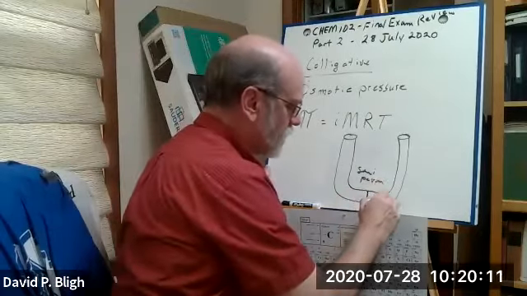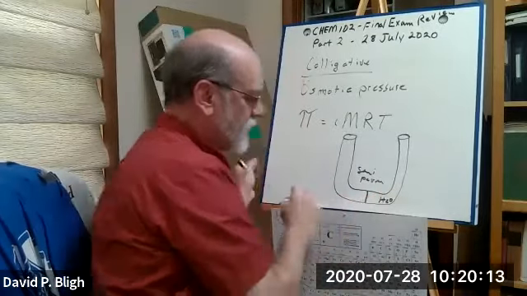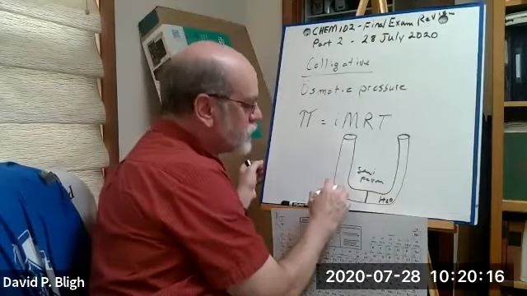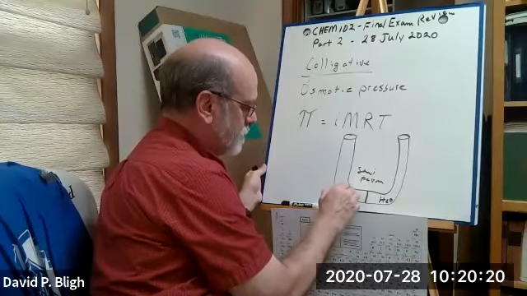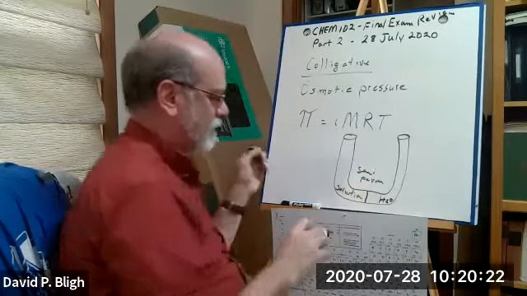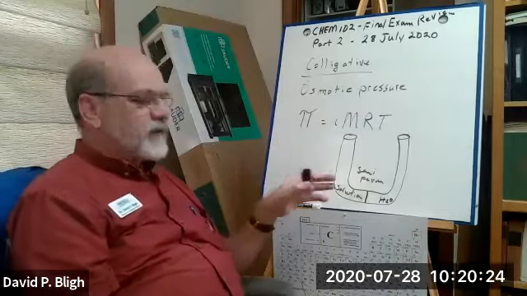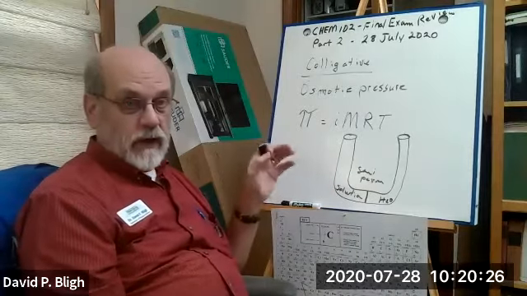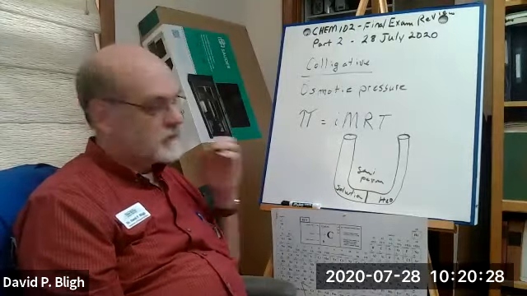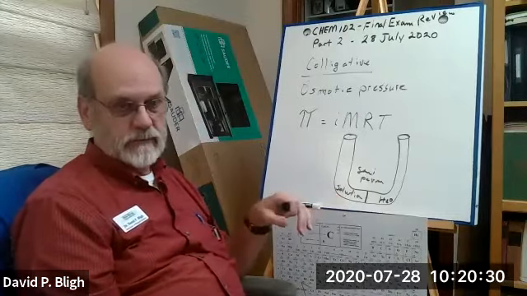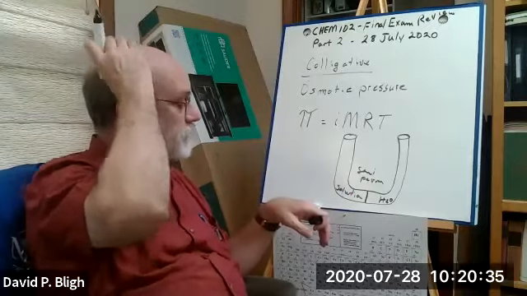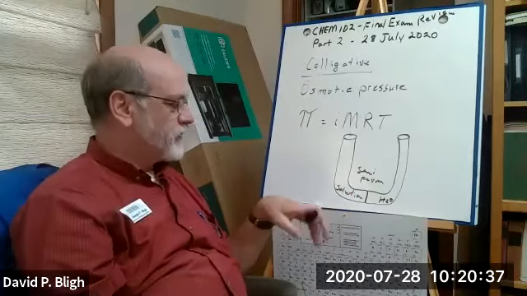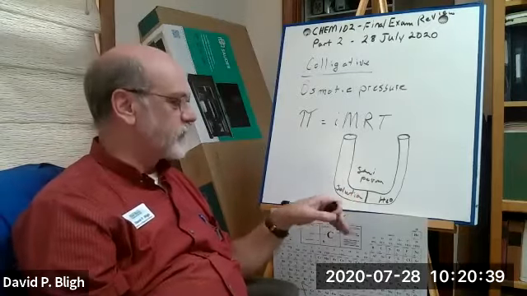So if we put water on this side, and we put the aqueous solution on this side, the semi-permeable membrane will only allow water to pass. Actually, it allows gases too, if they're small enough. Most of them are, but for argument's sake, we're only concerned with water.